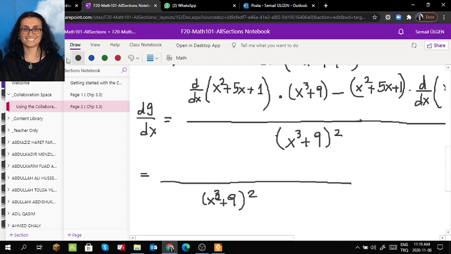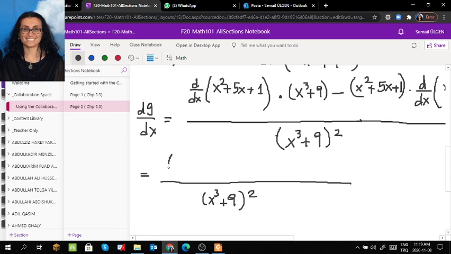Maybe I should erase this, otherwise you may misunderstand. This is the denominator of our expression. Nothing we are going to do in the denominator, but in the numerator we have to evaluate the derivatives, right?